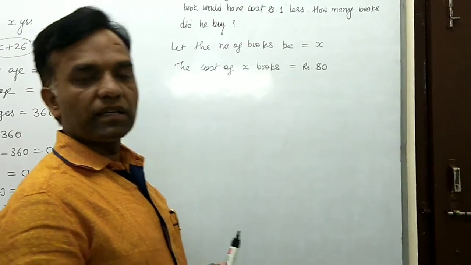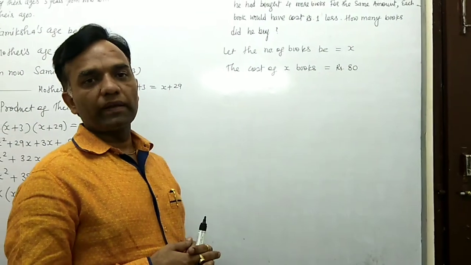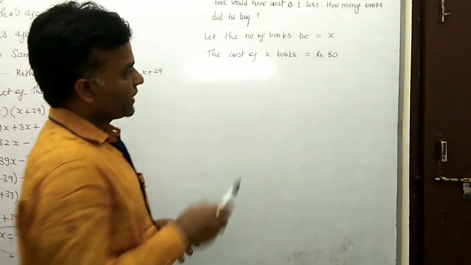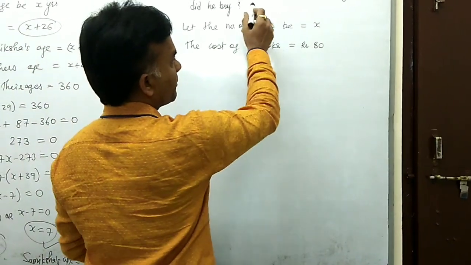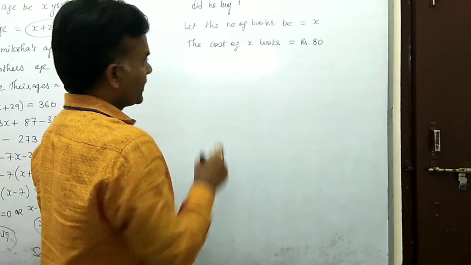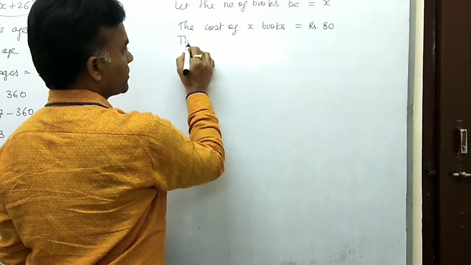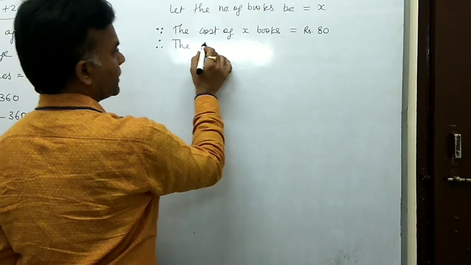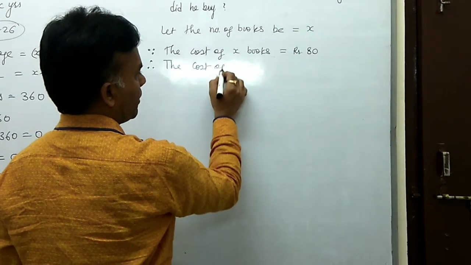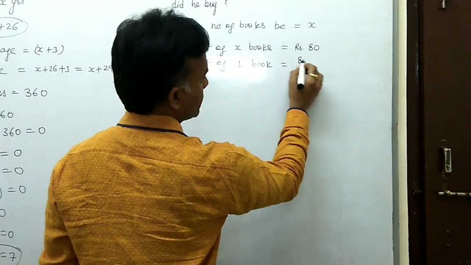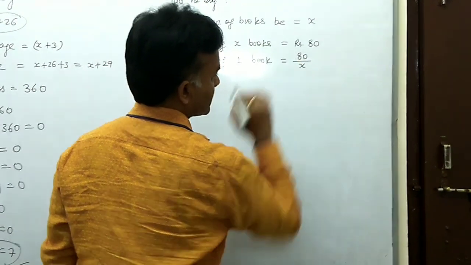If you apply that condition, 4 more books added and the cost reduced by 1, we find the cost of 1 book, because the comparison is with the cost of 1 book, 1 rupee. Therefore the cost of one book equal to 80 upon x.